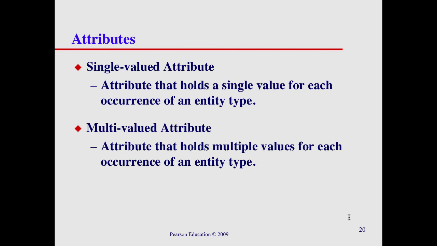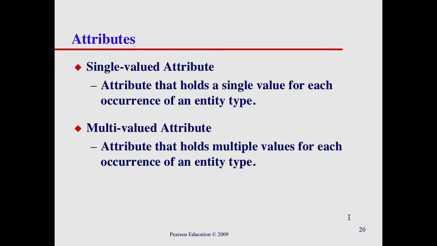Now, orthogonal to that is the notion of single-valued versus multi-valued attributes. A single-valued attribute can have only a single value for that type, whereas a multi-valued attribute could have multiple values for that entity type. Telephone numbers are a common example of a multi-valued attribute. They can have one or more. Another common example is children or dependents.